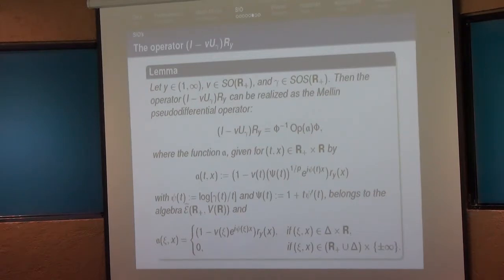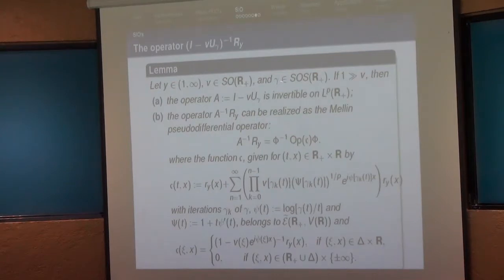Only at the endpoints do we have a dependence here, but this dependence is parameterized by the point psi in the set delta. So on the vertical line, the symbol is non-zero. In all other parts, the symbol is 0.